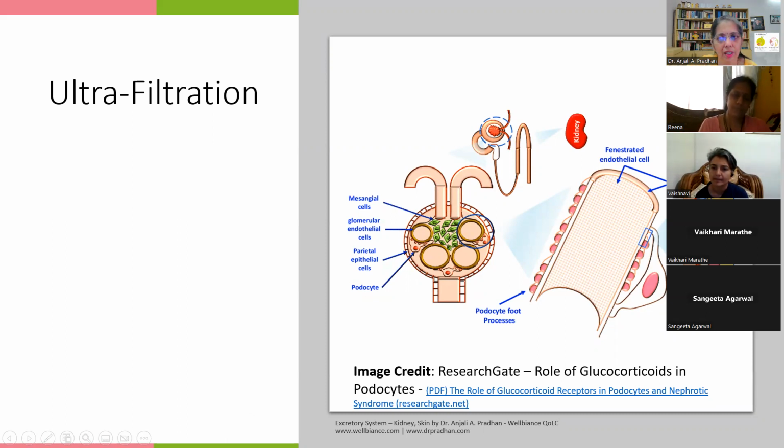So from here to here, part of the plasma, which has water and low molecular substances like glucose, passes through these gaps and forms the filtrate.